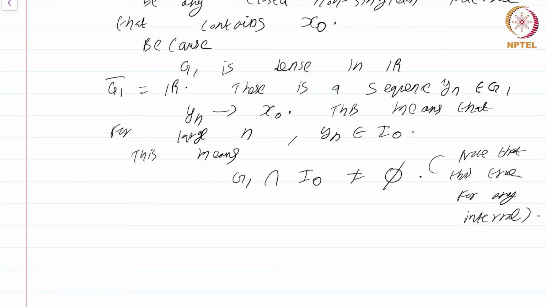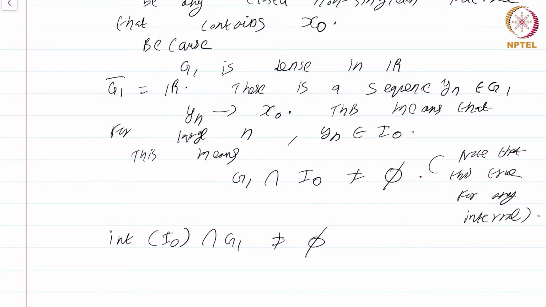Well, look at interior of I0 intersect G1. By a similar argument, this is also going to be non-empty. Essentially, what we used in the previous argument is the fact that for suitably large n, yn will belong to any given interval of x0. So in particular, taking it to be an open interval gives no additional difficulty.